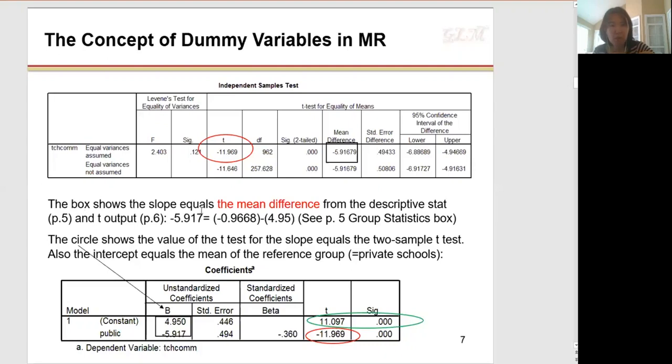The box shows the slope equals the mean difference from the descriptive statistics, page 5, and the t statistic of minus 5.917 equals this value minus this value. The circle shows the value of the t-test, or the slope equals the two-sample t-test. Also, the intercept equals the mean of the reference group.